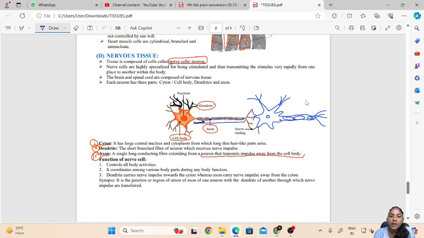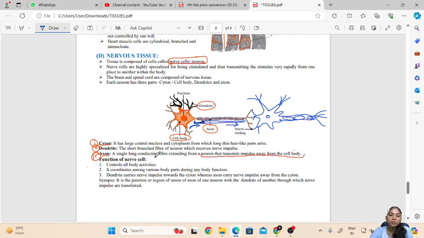Now this axon will transmit the nerve impulse from one neuron to another. This transmits away from the cell body. Now it will collect the nerve impulse from the cell body and transmit in this direction towards the next nerve cells or the next neuron.